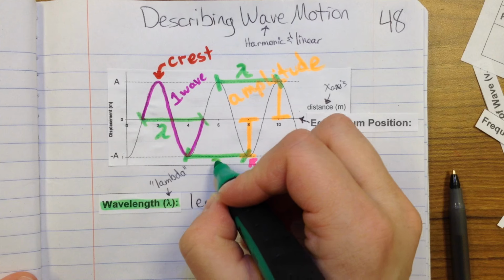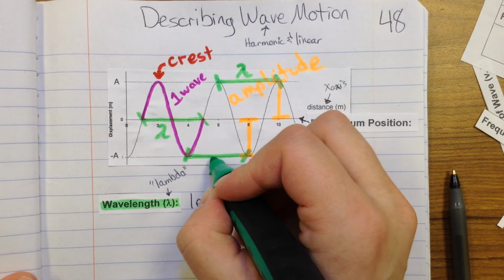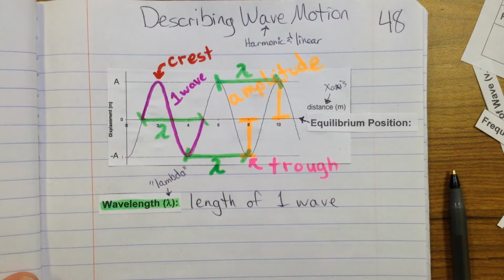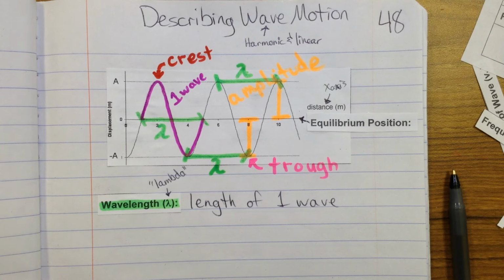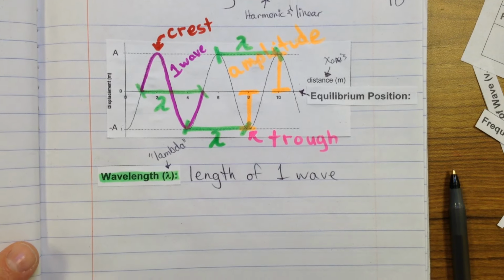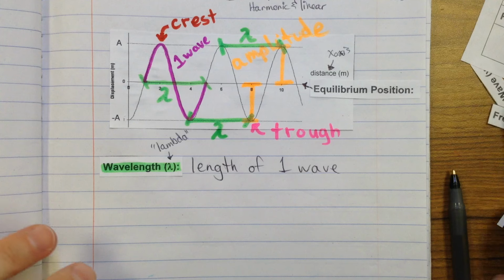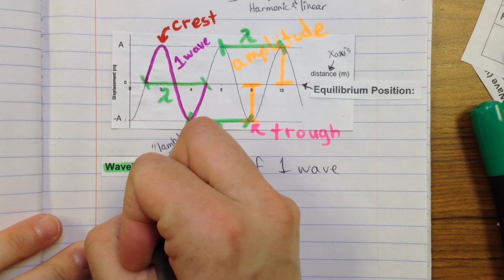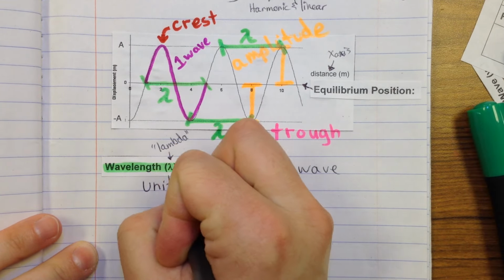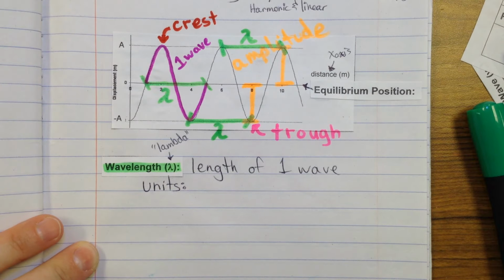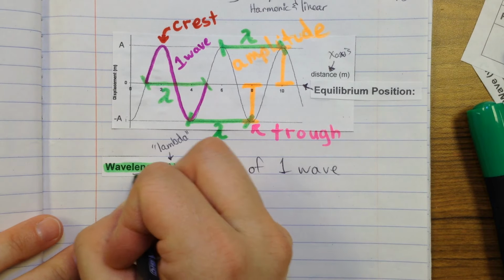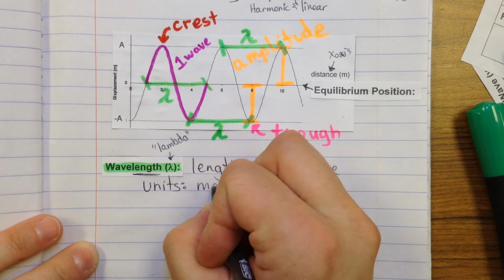Any way you measure it, that wavelength is always going to be the same for that wave. So my question is this: what do you anticipate the units of measure to be for wavelength? Very good. Your little hint there, length, it's meters.